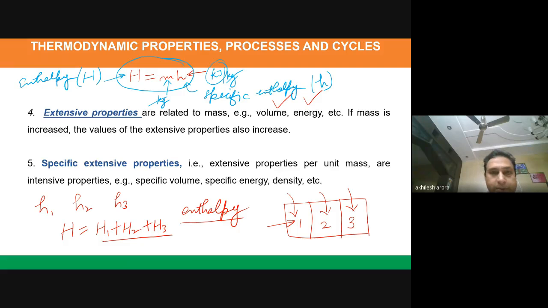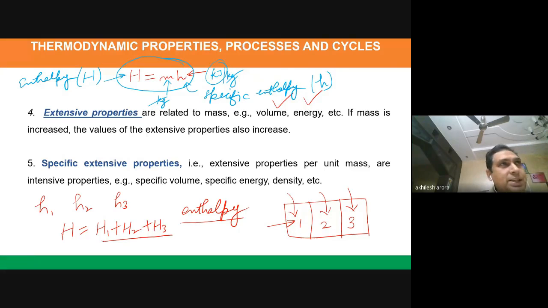Okay, so it means intensive properties are independent of mass, but when they are multiplied with the mass value, then you can get the extensive property, but that will not be valid in all the cases. For example, if you are measuring the pressure or temperature, and if you are taking 1 kg of air at 1 bar and at 30 degrees celsius, and you are mixing 1 kg more air at the same temperature and pressure, the pressure and temperature will not change.